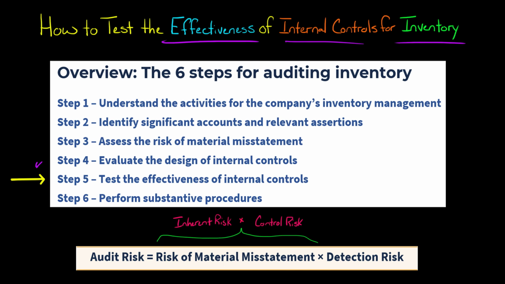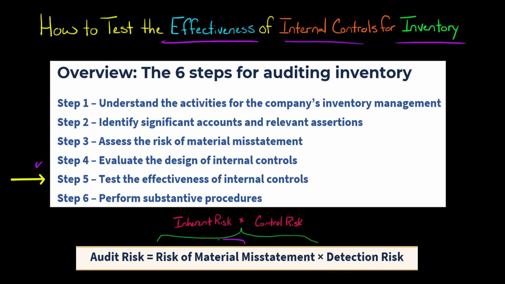Now, why does this even matter in the context of the whole audit? If you remember, audit risk is a function of the risk of material misstatement and detection risk. Risk of material misstatement is not under the auditor's control. Detection risk is under the auditor's control because it's a function of how much they do in terms of substantive procedures and substantive testing.